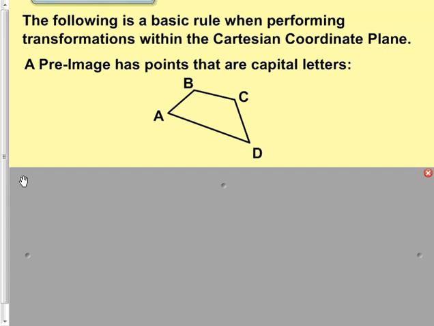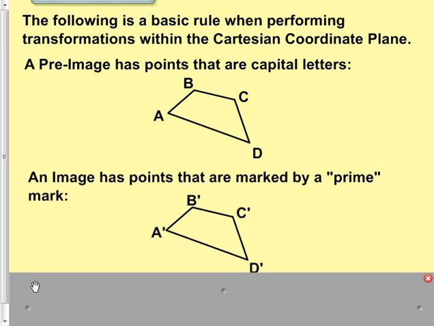A pre-image is a figure that has not been altered yet, but after a transformation takes place, we then refer to it as an image. So a pre-image has points in a graph or in a figure that are labeled as capital letters. This is to be expected because we said that points in Euclid's geometry are named after capital letters.